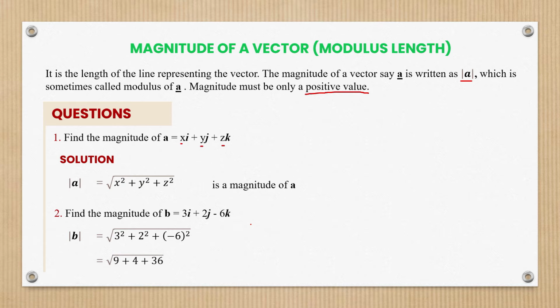Then we're going to have 9 plus 4 plus 36. Now the sum of the squares is equal to 49, and the square root of 49 is 7. So we're going to have the answer as 7 units. Since we are finding the length of the vector, we're going to need to have units. So we're going to leave it as 7 units.